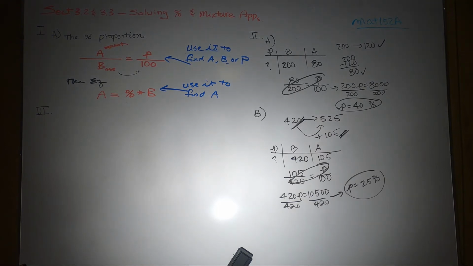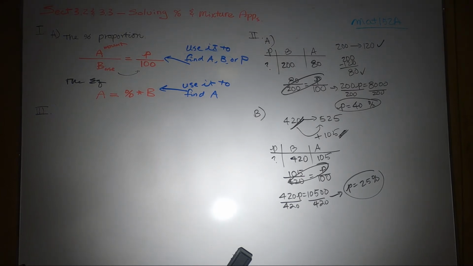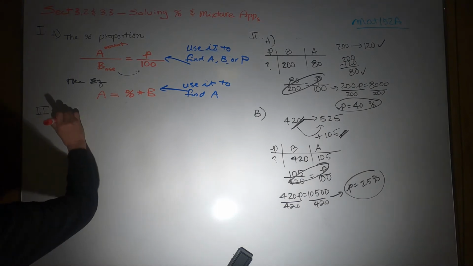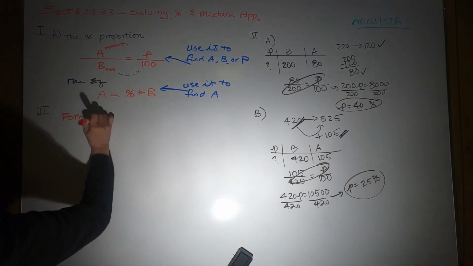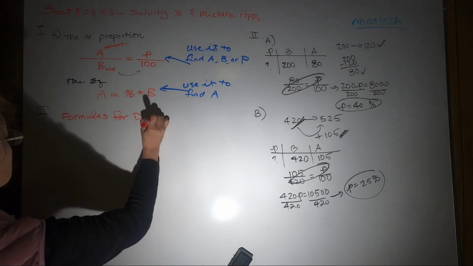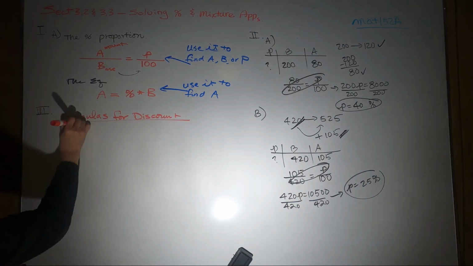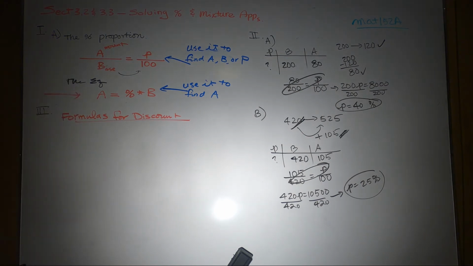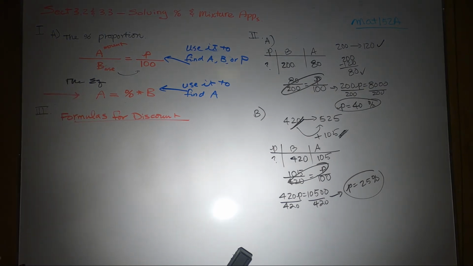For the formula for discount, we do it this way. We use the second one because discount is your percent times the total.